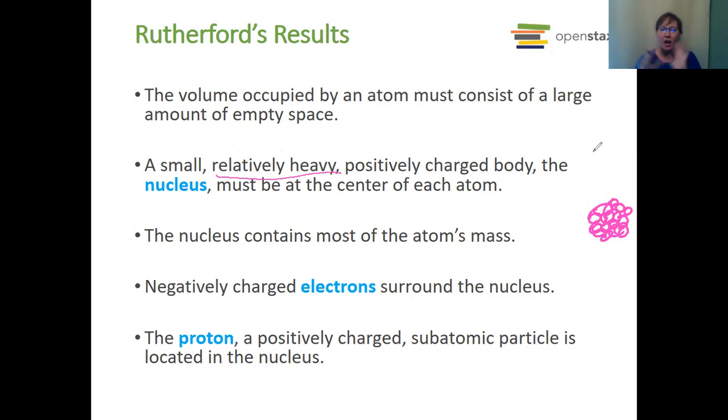The nucleus has all of the atom's mass. Now, then we have these negatively charged electrons. Let's come back here for just a minute. This nucleus is going to be positive, and then we have the negatively charged electrons, and the electrons are all around this.